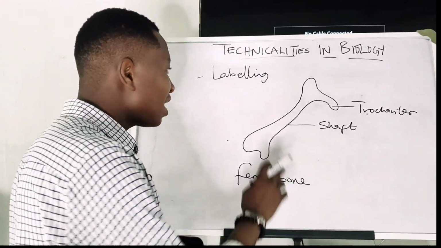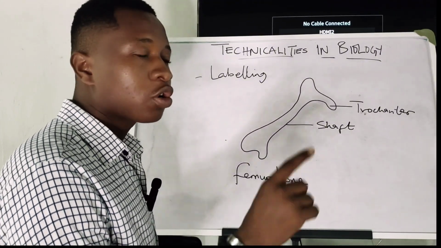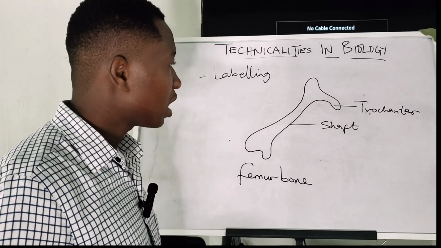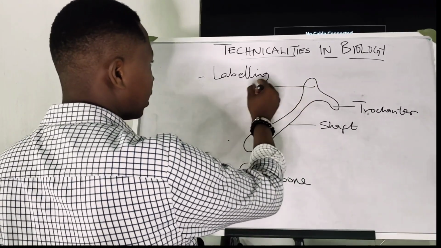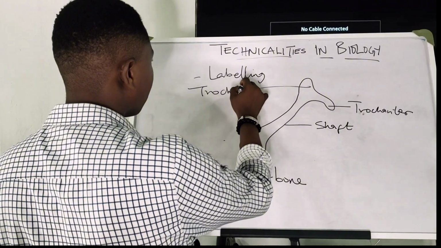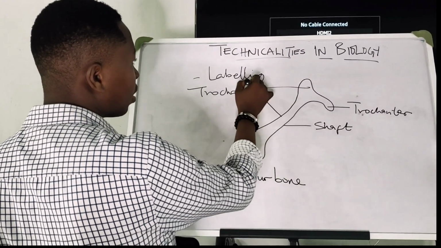Another thing, when labeling, do not cross lines. It is very wrong. Let's assume this is a trochanter here again, and this is the shaft, and you draw this way.